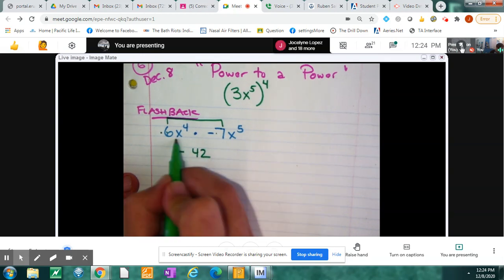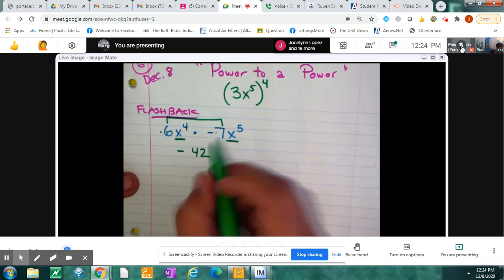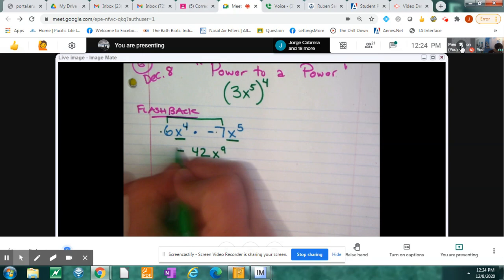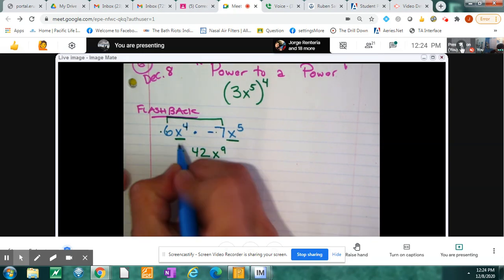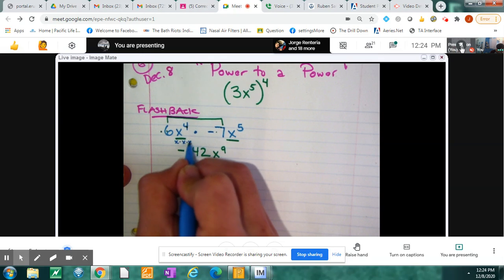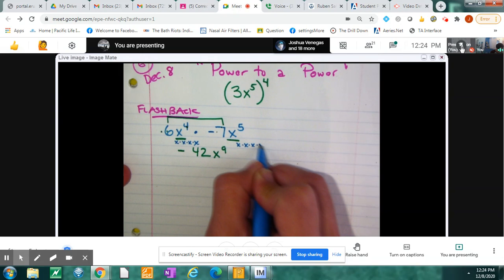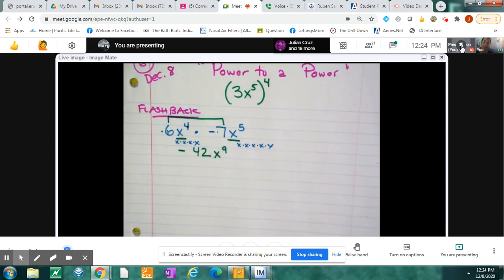Then how many exponents are there? There's 4 and then 5, so x to the power of 9. Or if you want to break it up, x times x times x times x, x times x times x times x times x. There's 9 of them, so you put x to the power of 9. So that's what we did last week.